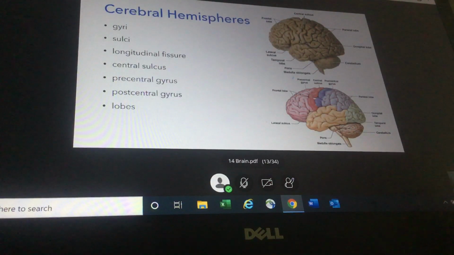So they would have trouble moving a certain part of their body on the right side. If the stroke was just right here, not much further away, they would have difficulty feeling sensation on a certain part of their body on the right side, because this is the left side of the brain. Okay, so that was my big stopping spot.